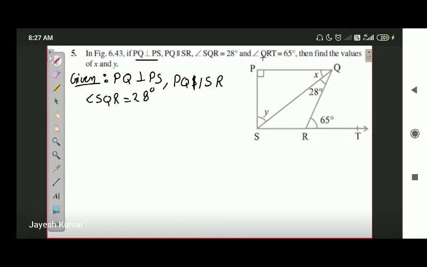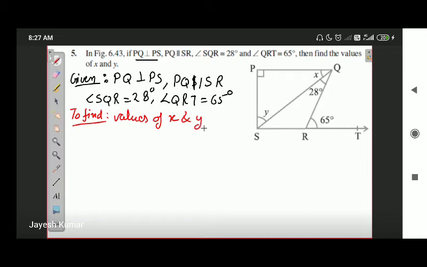And angle QRT is 65 degree. Okay. Now we have to find out the values of X and Y.